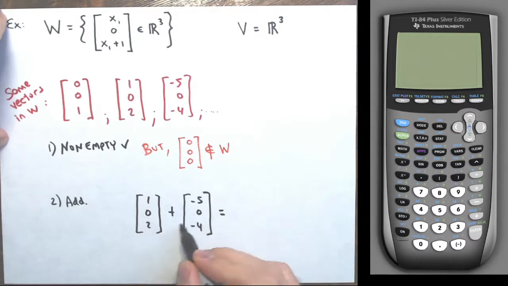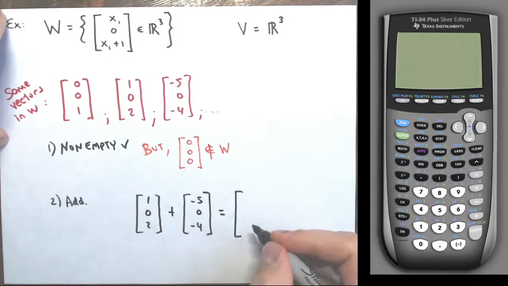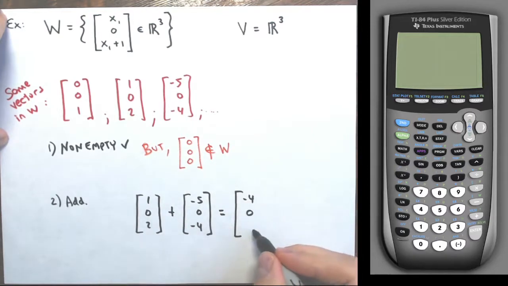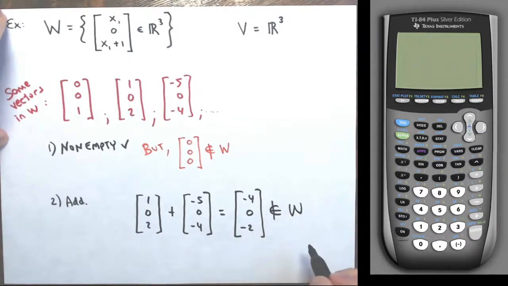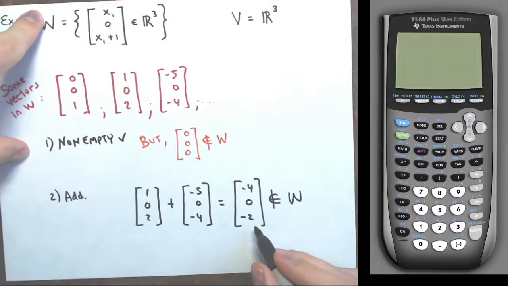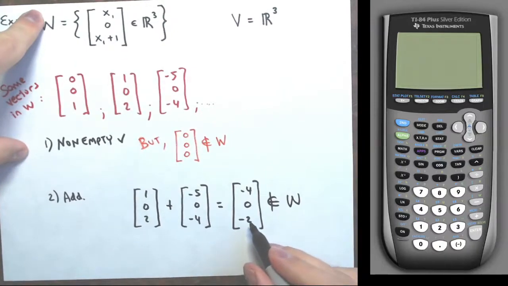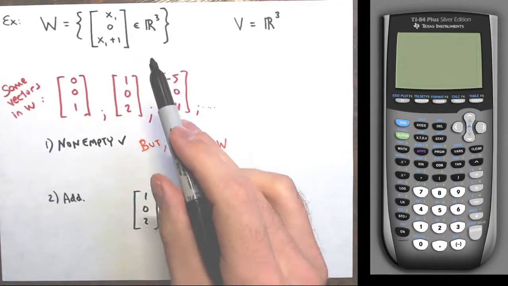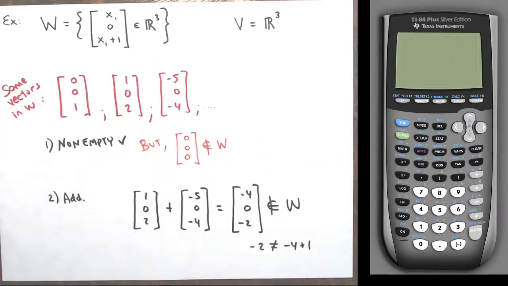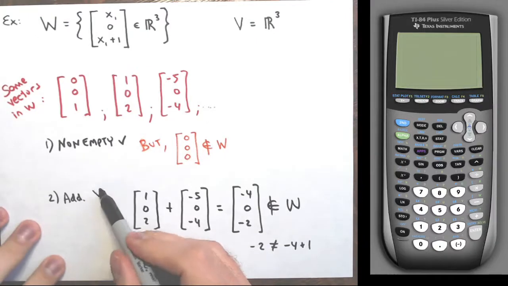That's also in W, but their sum, which would be -4, 0, -2, is not in W. The reason is -2 is not -4 plus 1. If this were in W, it should be -3 for the third component. The third component needs to be only 1 more than the first component. So it's not closed under addition.